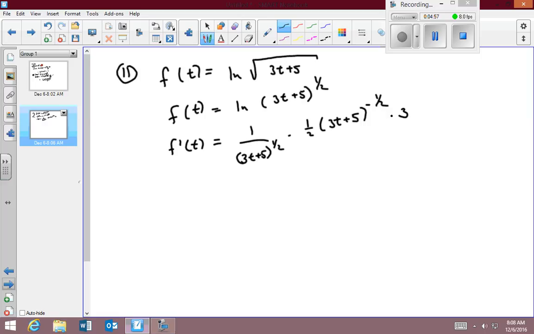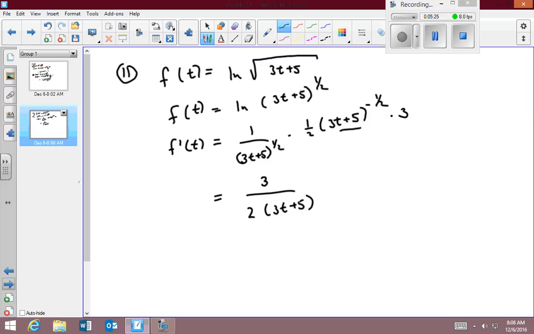So if you simplify that, this 3 stays in the numerator, and this 1/2 is down in the denominator. This thing comes down, and it's 2 square roots of the same value, so it's just 3t plus 5.